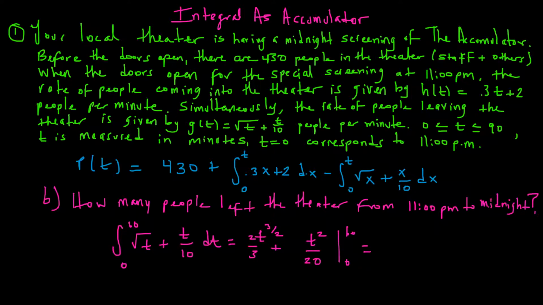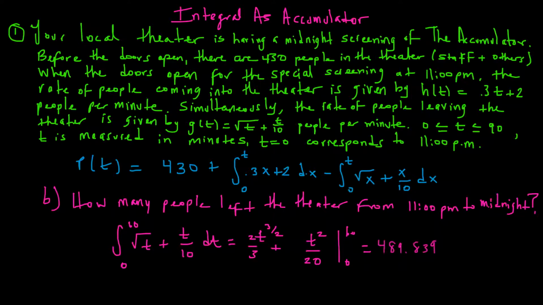And I don't think they want me to do this by hand, because 60 is a big number, then I have to square it, cube it, so I'm just going to go to the calculator, and it tells me that I get 489.839 if I round to 3 decimal places.